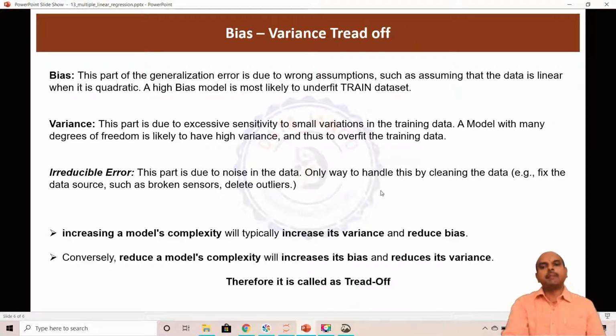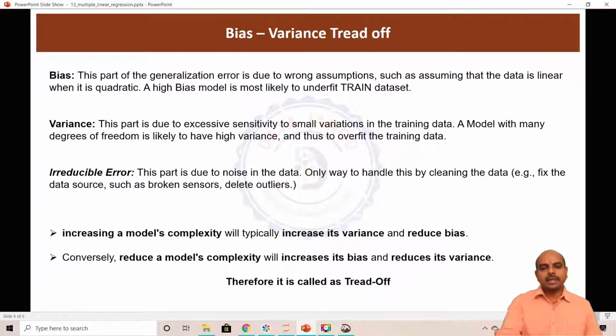Irreducible error: in every data set there will be a little bit of noise. We can clean up the data, do more feature engineering or statistical data analysis to understand the error. If we can reduce it, we will. If not, we can leave it. Still the models will work well.